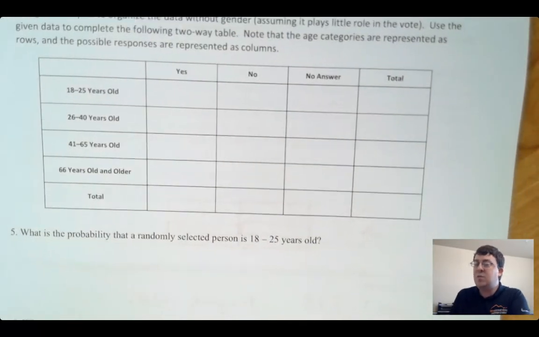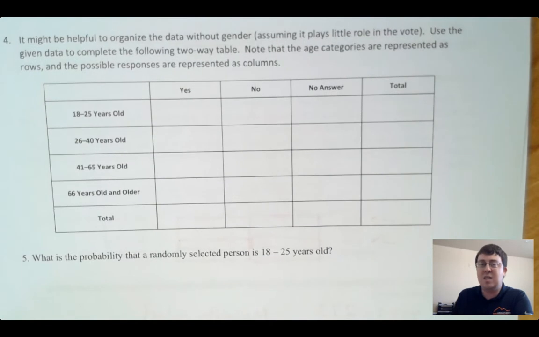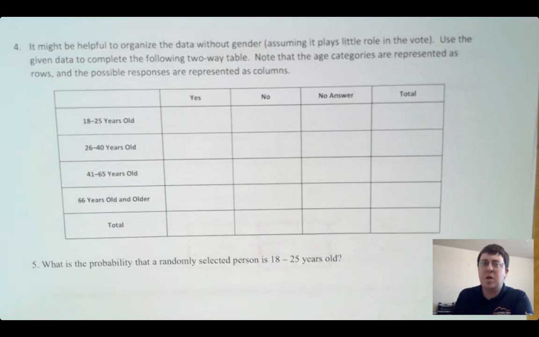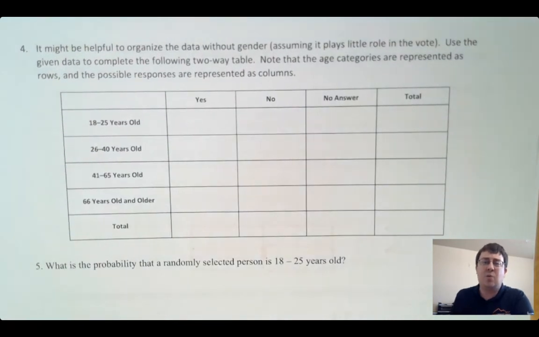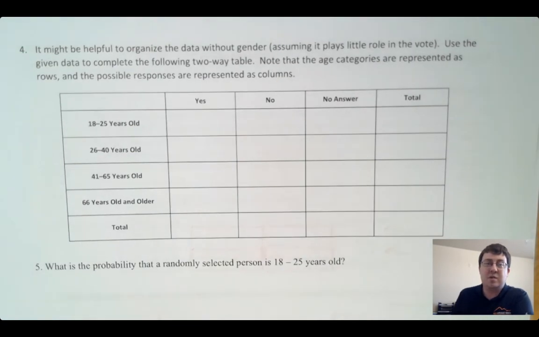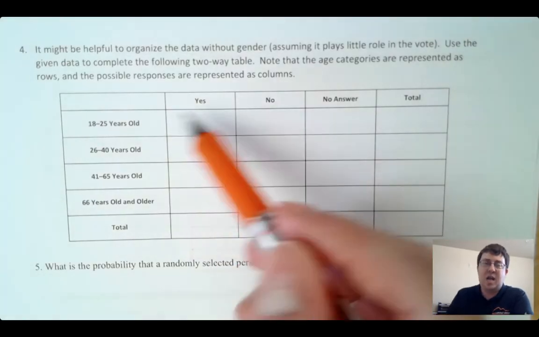So since we had to sum up a lot in those last ones, what if we did some of the summations already and got rid of the gender divide, assuming maybe it doesn't have a difference? We might want to look later on at the gender differences and see if they do affect their vote or not. But right now we're just going to focus on their votes versus their age.